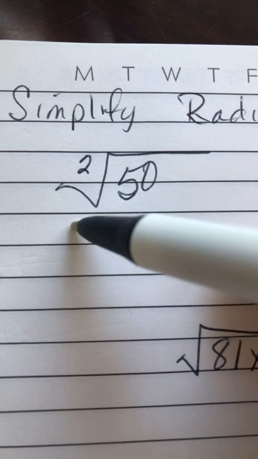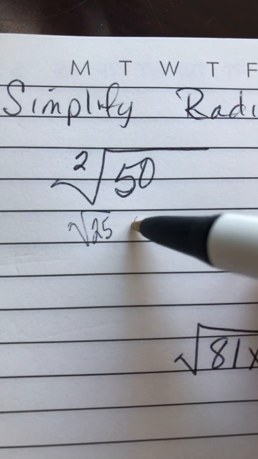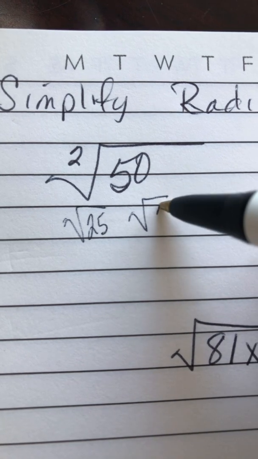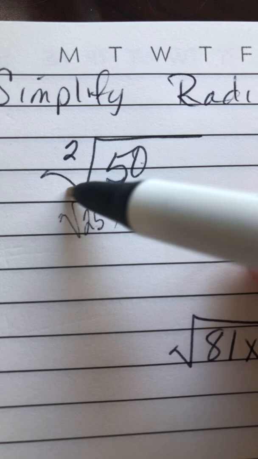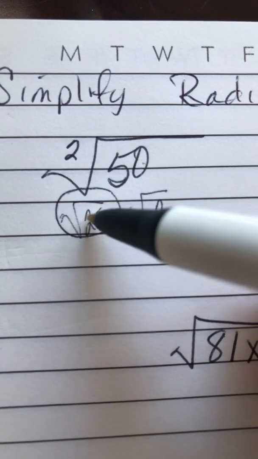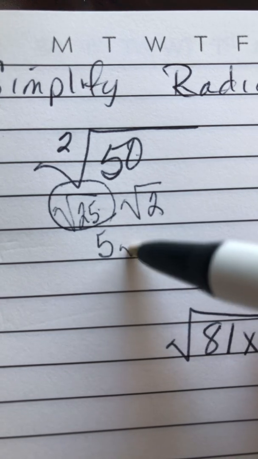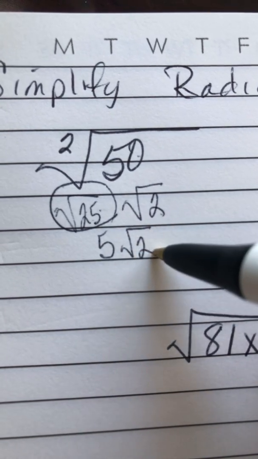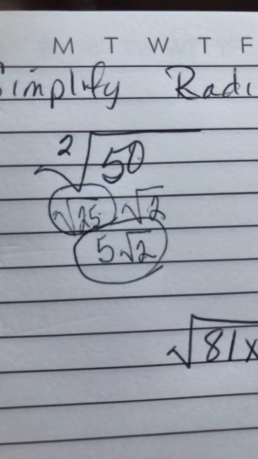So we'll rewrite this as the square root of 25 times the square root of 2, because 25 times 2 gives us 50. This part we can solve. The square root of 25 is just 5. So it's 5 times the square root of 2. This part we couldn't solve, so that's our answer. We go as far as we can.